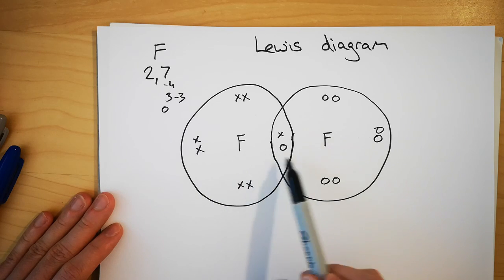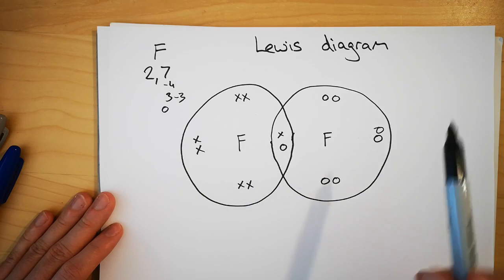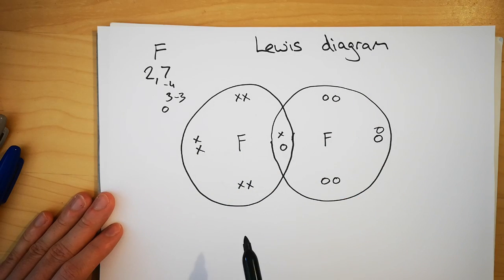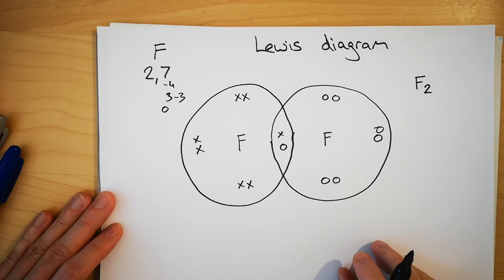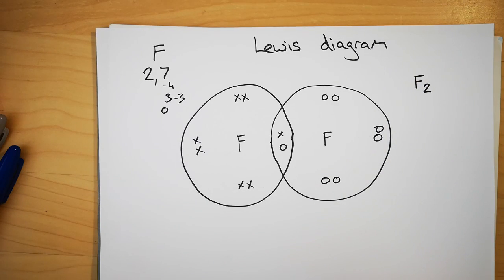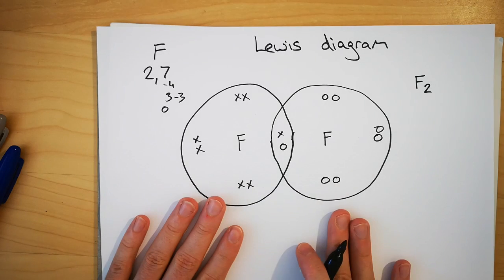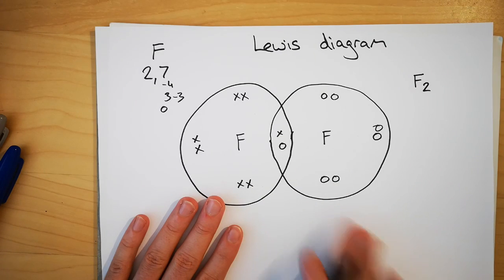And this is a covalent bond once again, and I've got a nice little fluorine molecule, and that would be F2. So this is the full way of showing this.